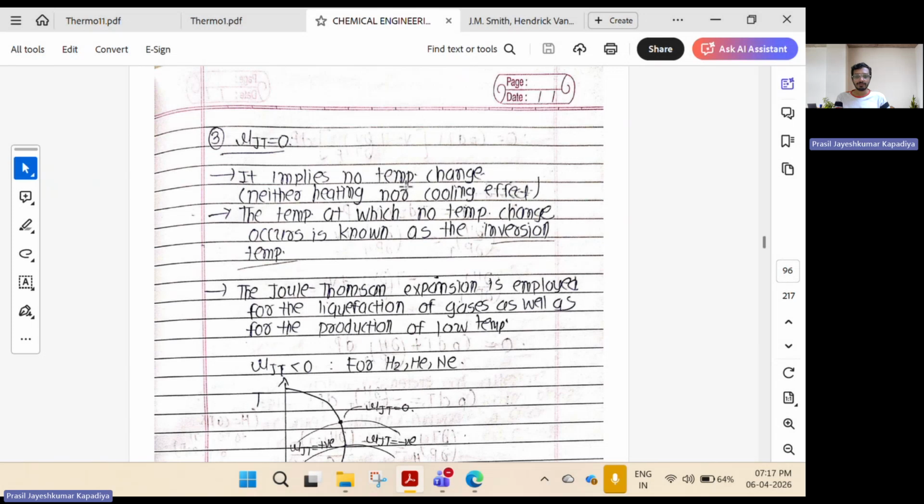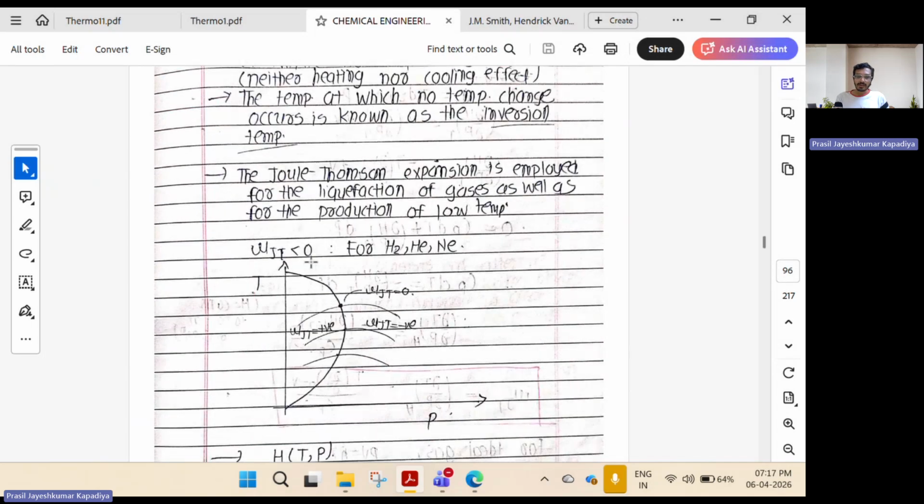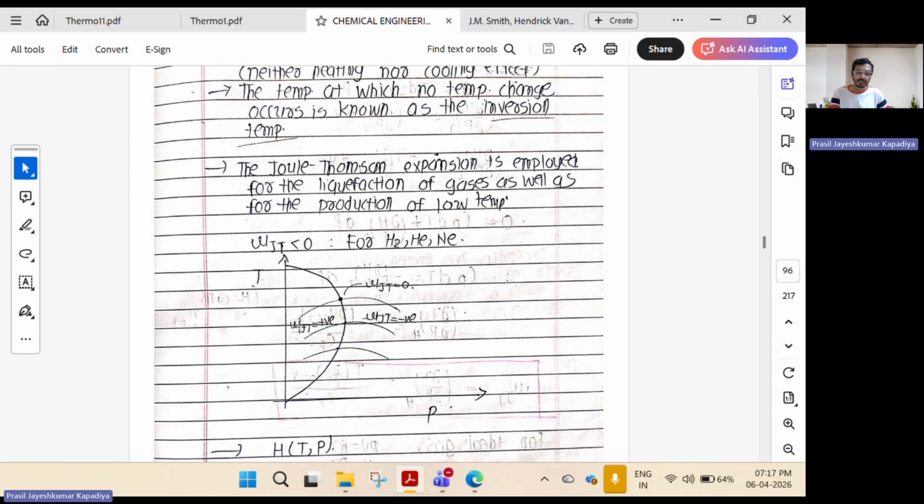Then one more phenomenon where the Joule-Thomson coefficient is 0. The 0 means no temperature change, and at that point it is known as the inversion temperature. So this is the line of inversion temperature. This is where the Joule-Thomson coefficient is negative, and this is where it is positive.